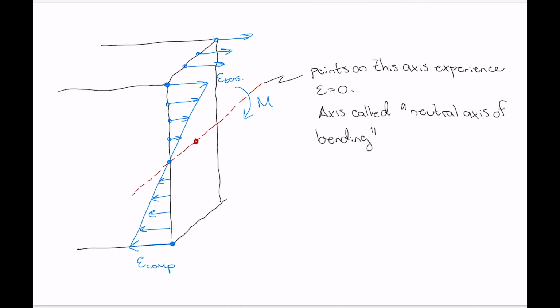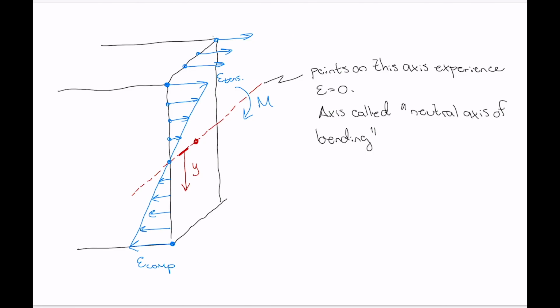Well, let's define a variable here. If we were to measure distances in the cross-section away from the neutral axis of bending, okay, so let's say this is our starting point, our neutral axis of bending, and we're measuring distances perpendicular to the neutral axis of bending in this direction, and we call that our distance variable y.